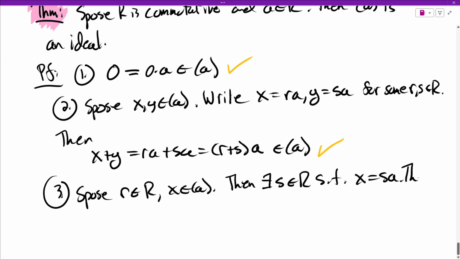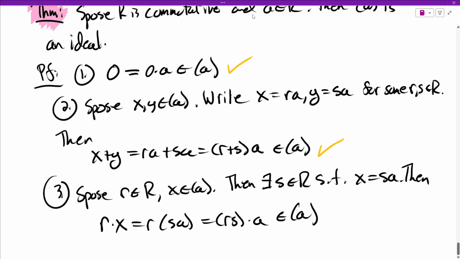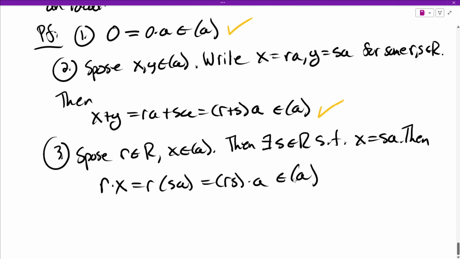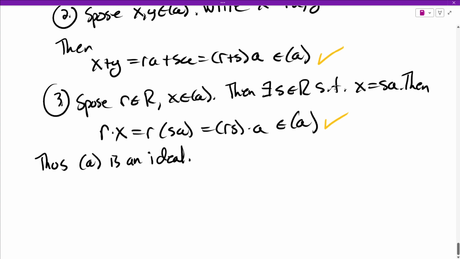And then if we multiply r with x, we get r times sA, which is r times s times A, and that's certainly in the ideal generated by A because it's a multiple of A. So it absorbs multiplication by R. So what do we conclude from this? The ideal generated by A is in fact an ideal.